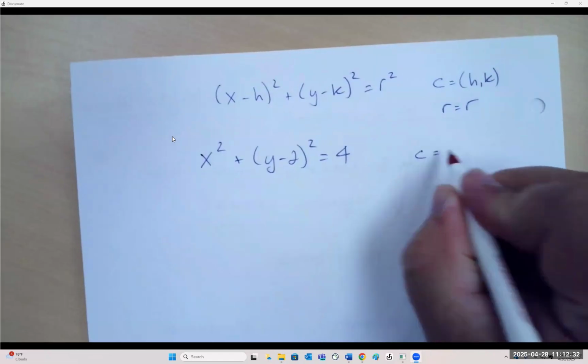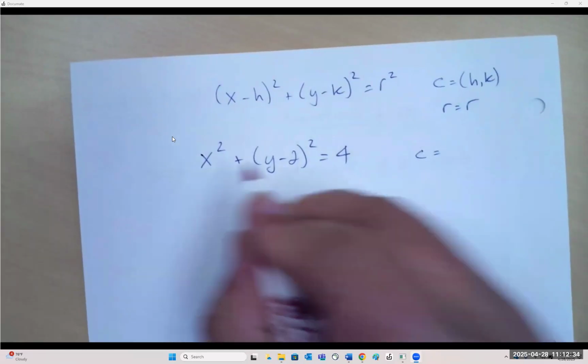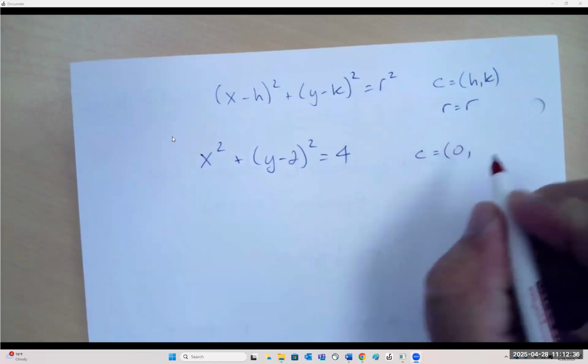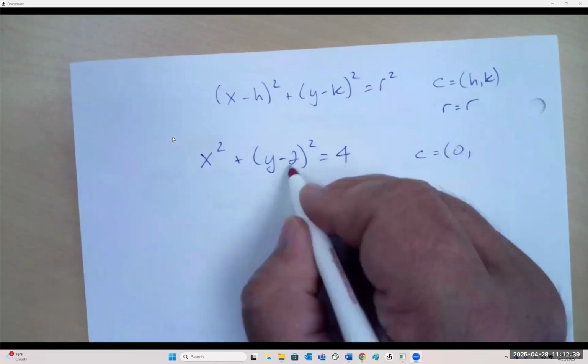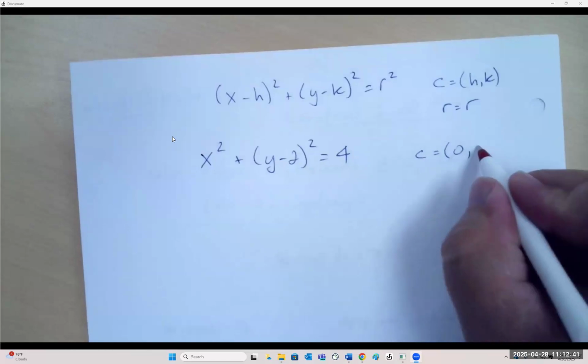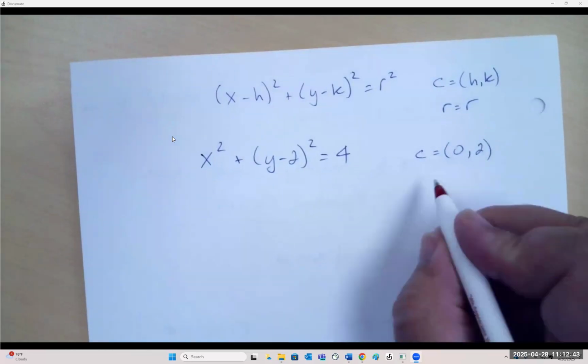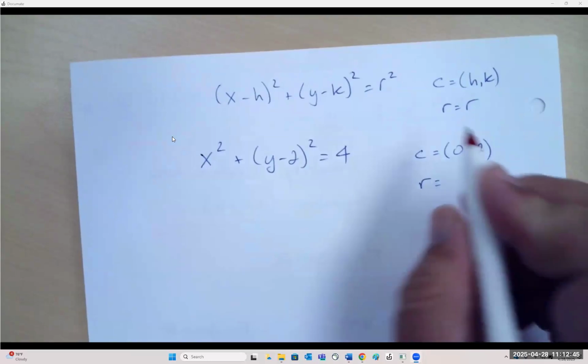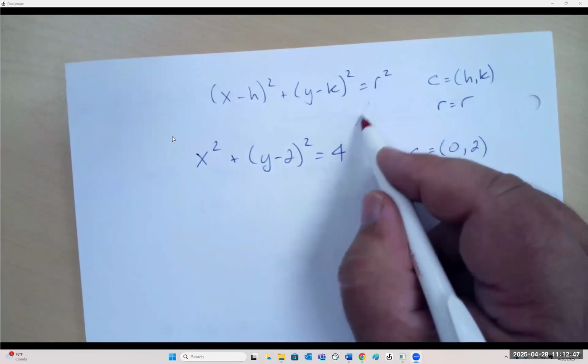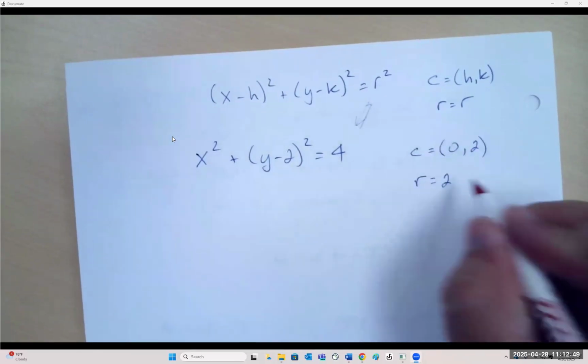So our center, since there's no h, it's at 0. And the k, it's y minus k, so k is 2. So the center's at 0, 2. The radius, r squared equals 4, so square root that equals 2.